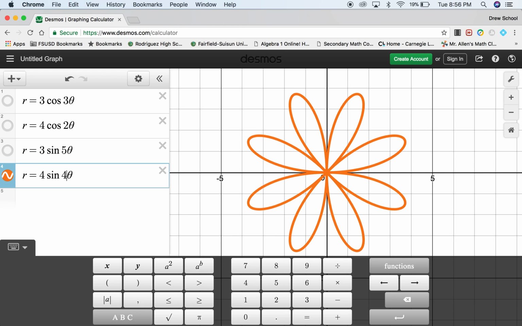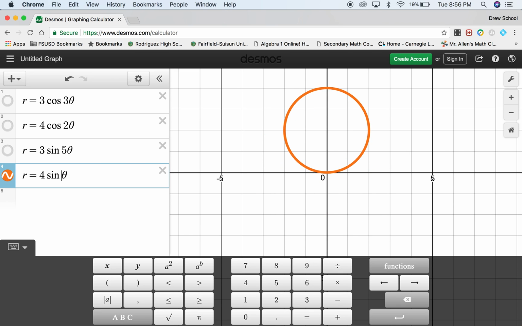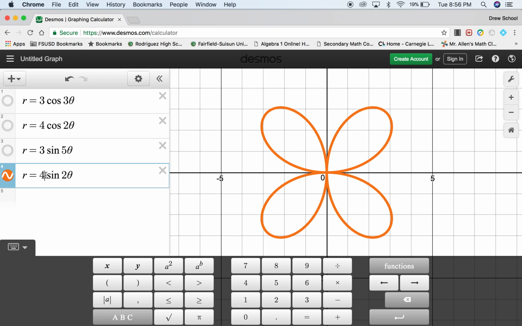Again, if this was 4, we'd have 8 petals. And our a value is 4, which means each petal length is 4. So from here to here is 4 units, and from here to here is 4 units.